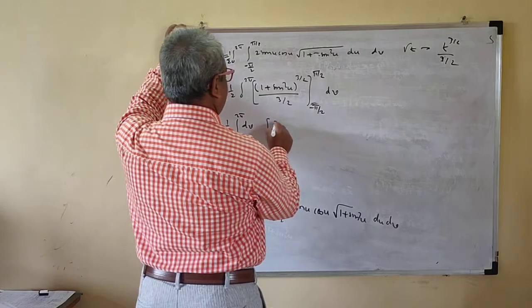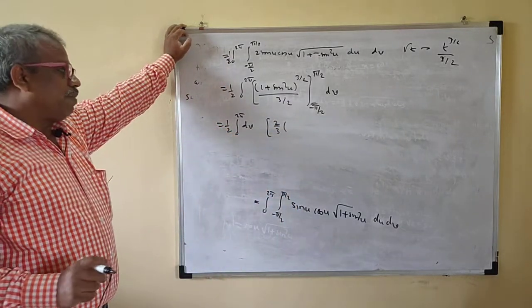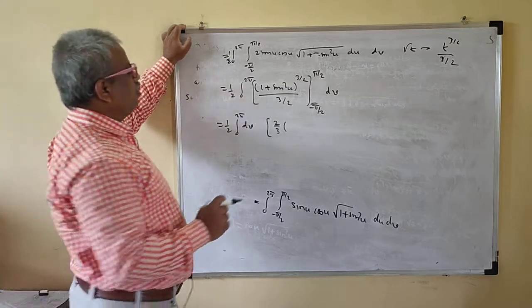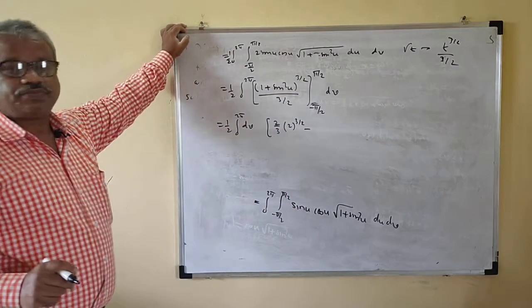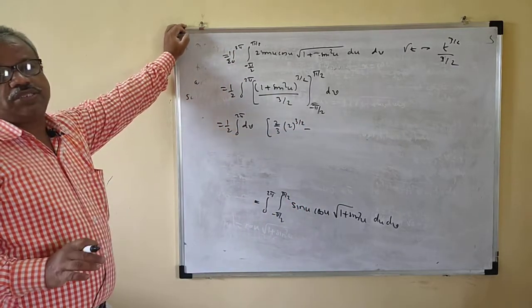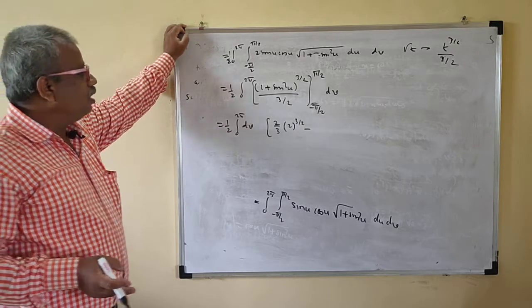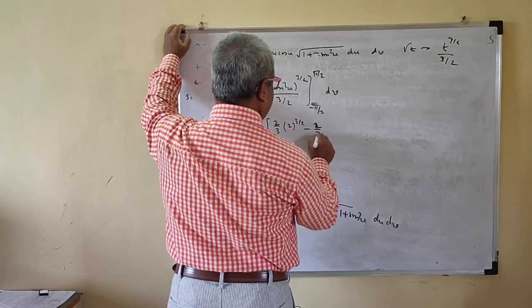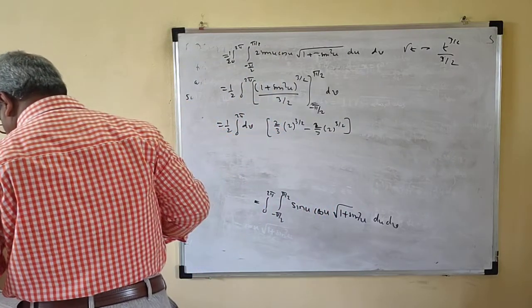Okay, so this is 2 by 3. I put first pi by 2. Sin pi by 2 is 1, and 1 square is 1. So this is 2 to the power 3 by 2. Then minus, sin of minus pi by 2 is minus 1, but minus 1 square is 1. Again this is 2 by 3, 2 raised to 3 by 2.